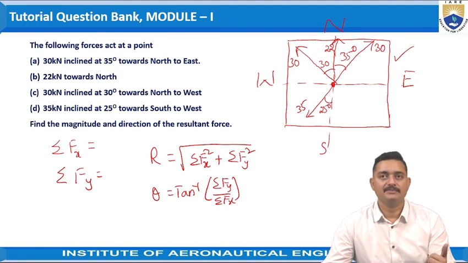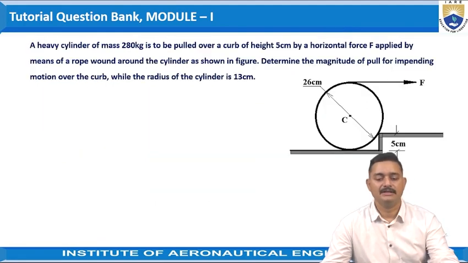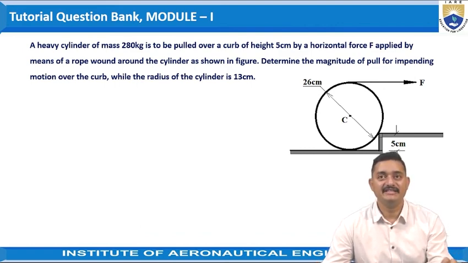Now let us go to the next problem, that is: a heavy cylinder of mass 280 kg is to be pulled over a curb of height 5 centimeters by a horizontal force F applied by means of a rope wound around the cylinder as shown in the figure.